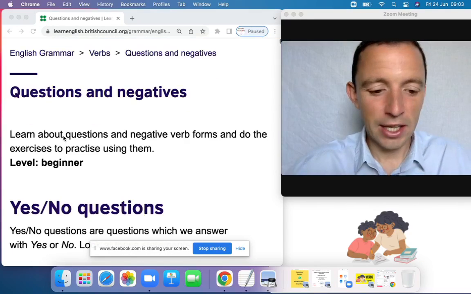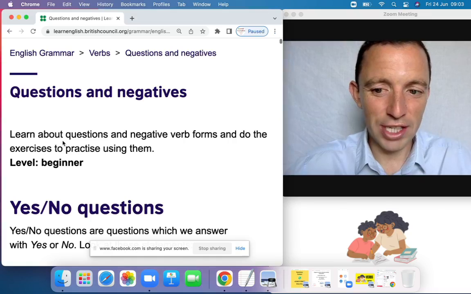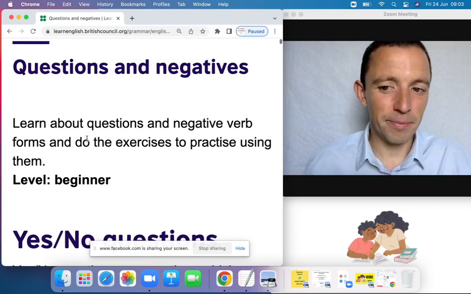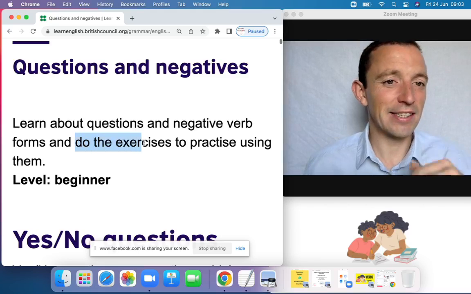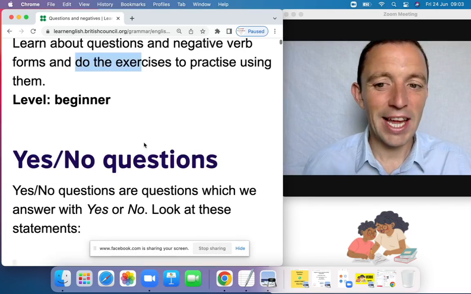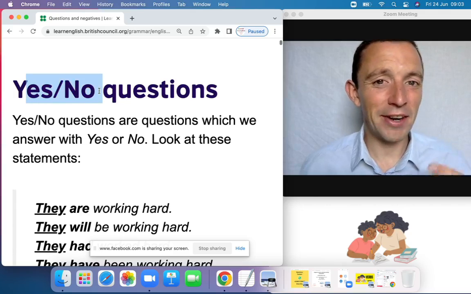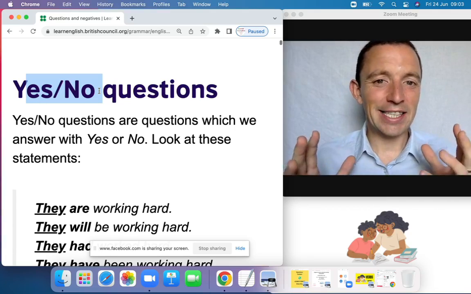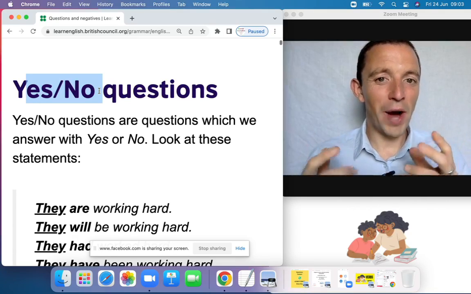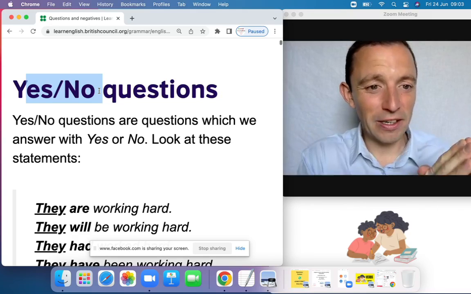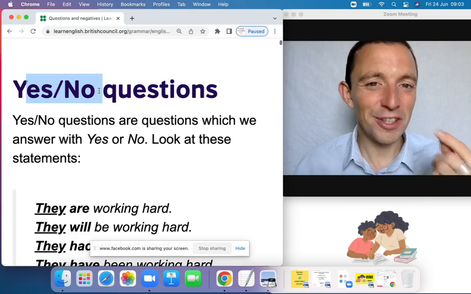Let's begin. First, the instruction is: learn about questions and negative verb forms and do the exercises on this page. Level: beginner. Yes/no questions are very common in English, and it's important to know how to create a question that requires only yes or no as the answer.